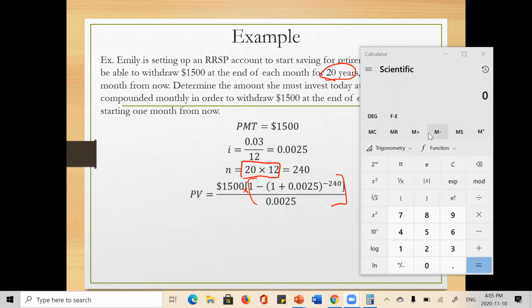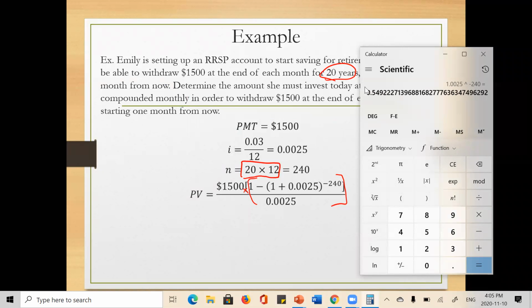What we will do now is the calculation that's in the fraction there. So we have 1.0025 to the power of negative 240. I type in 240, but I write it as a negative. Because I am subtracting this from 1, there's actually two ways you can do this.